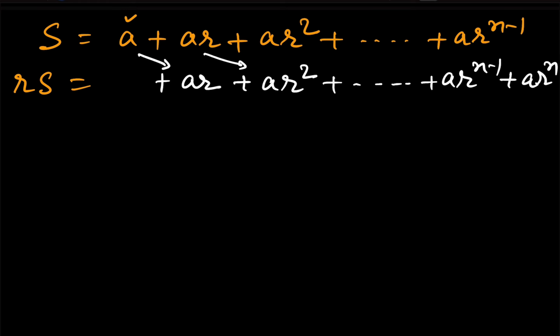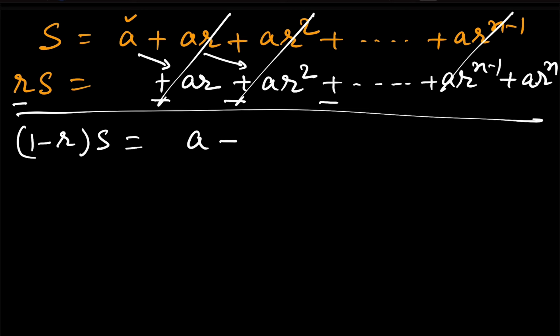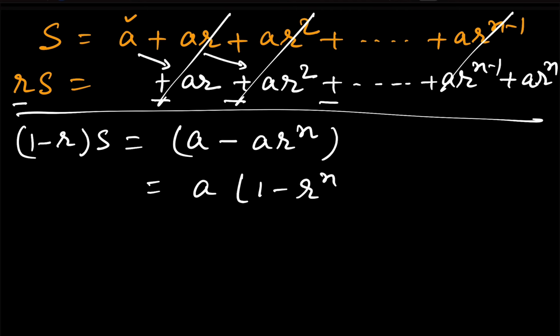Now if you subtract both of these equations, you will get 1 minus r into S. You are actually subtracting, so the middle terms get cancelled. What is left? A minus a r to the power n. If you take out a common, it becomes a into 1 minus r to the power n.